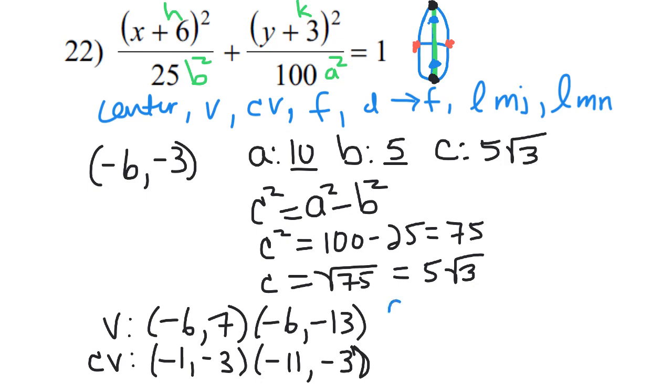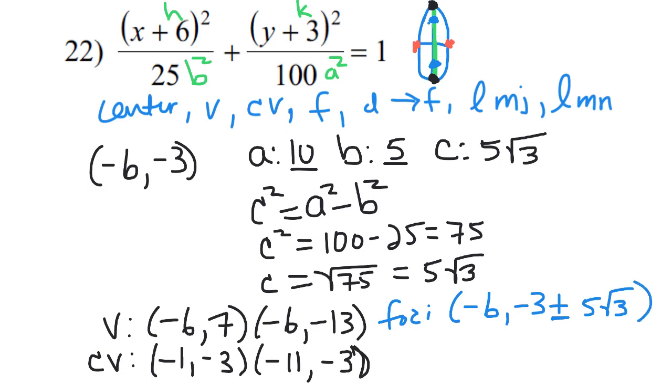So my foci are going to be at the same value for x that my vertices are, but the other point for the y is going to be added and subtracted from. I'm just going to add and subtract from my y value. So -3 plus or minus 5 root 3 is where the foci are located.